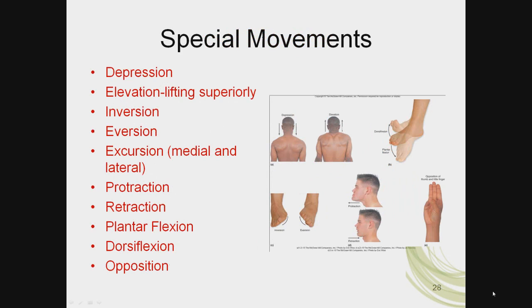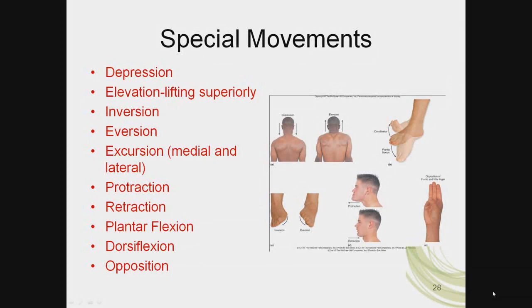Some motions occur only at specific joints and do not readily fit into any of the functional categories previously discussed, like rotational motion, angular motion, and soon I'll talk about gliding motion. These special movements include depression and elevation, dorsiflexion and plantar flexion, inversion and eversion, protraction and retraction, and opposition.